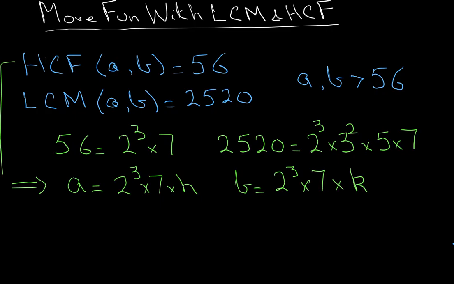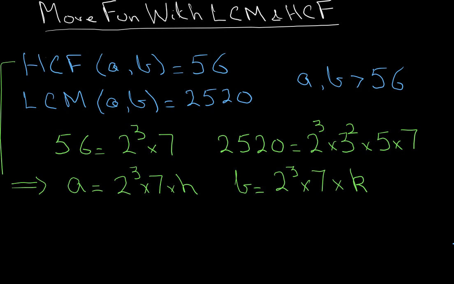And please note that since 56 is the highest common factor, H and K cannot have any common factors, and hence no common prime factors, because 56 is the highest common factor.